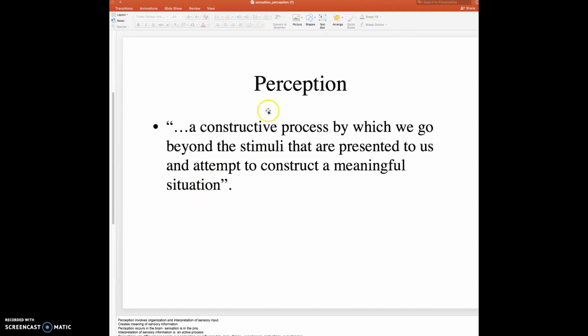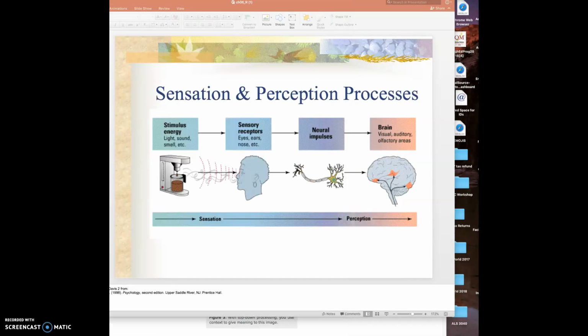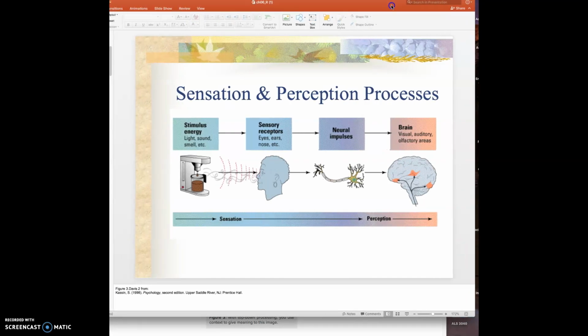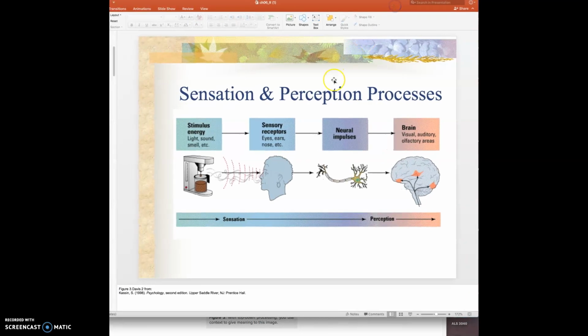Now, I would like to briefly look at this. This is a really great example of a visual representation of what sensation is and what perception is. With sensation, the stimulus energy, whatever stimuli you're receiving, anything from touch, anything from smell, all those senses that we just mentioned.